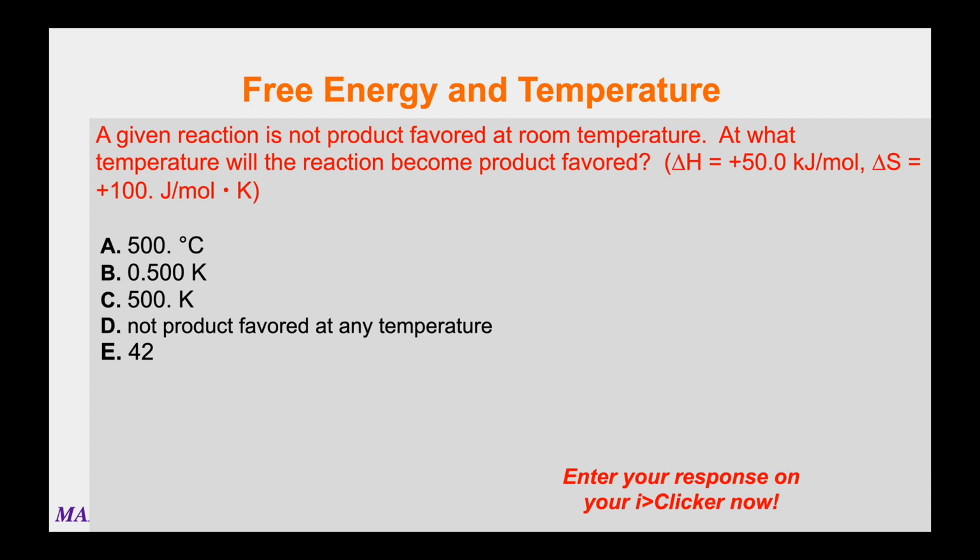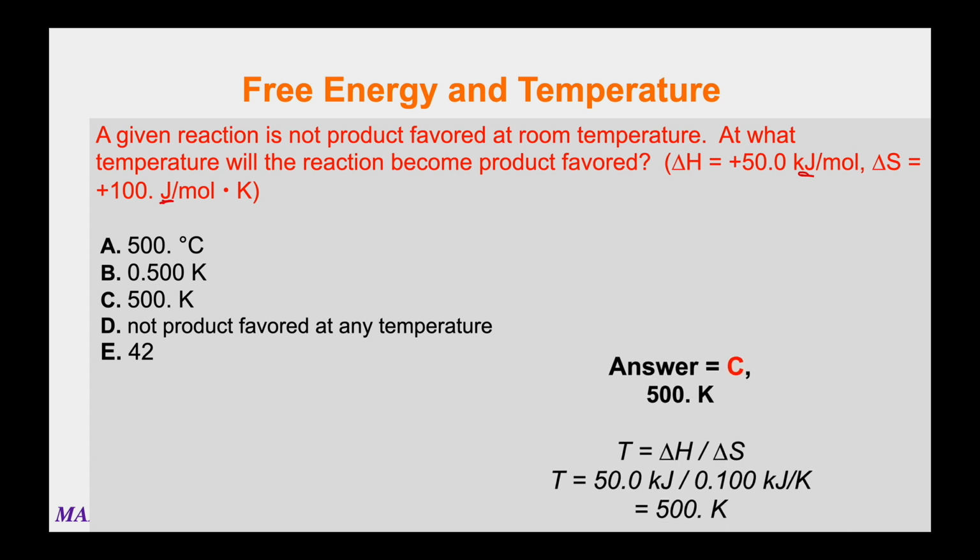And remember, you have to get everything in the same kind of units. So I would turn the joules per mole Kelvin into kilojoules, but you could do it the other way around. It's like 50 divided by 0.1. 50 divided by 0.1 is 500. And it's in Kelvin because that's what scientists use in thermodynamics all the time.